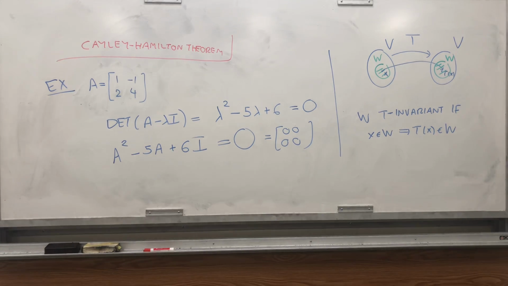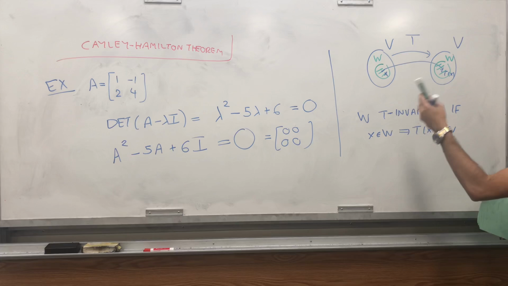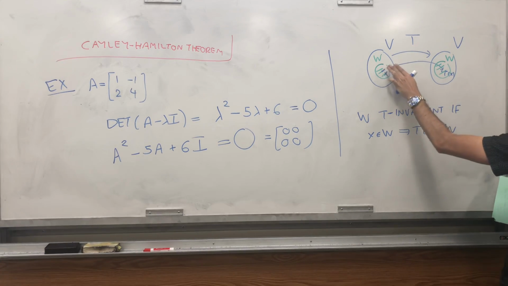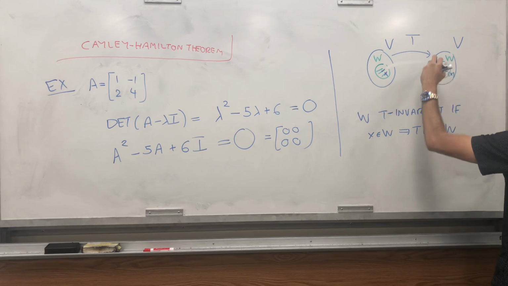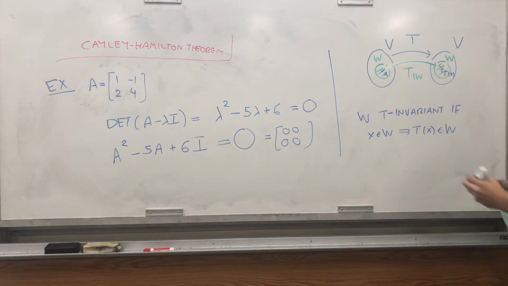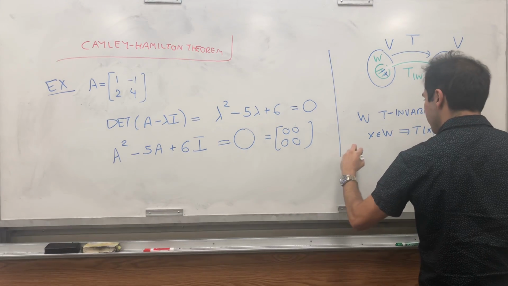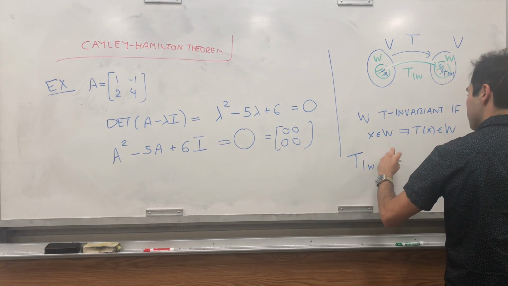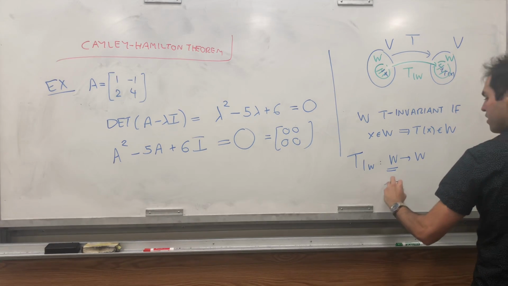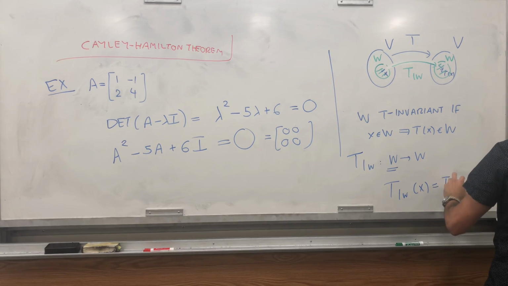And why is that useful? Because whenever x is in W, T of x is in W, we can define a mini linear transformation called the restriction, which is just T, but on the smaller subspace. So T restricted to W goes from W to W and is defined by the same formula: T restricted to W of x is just T of x.